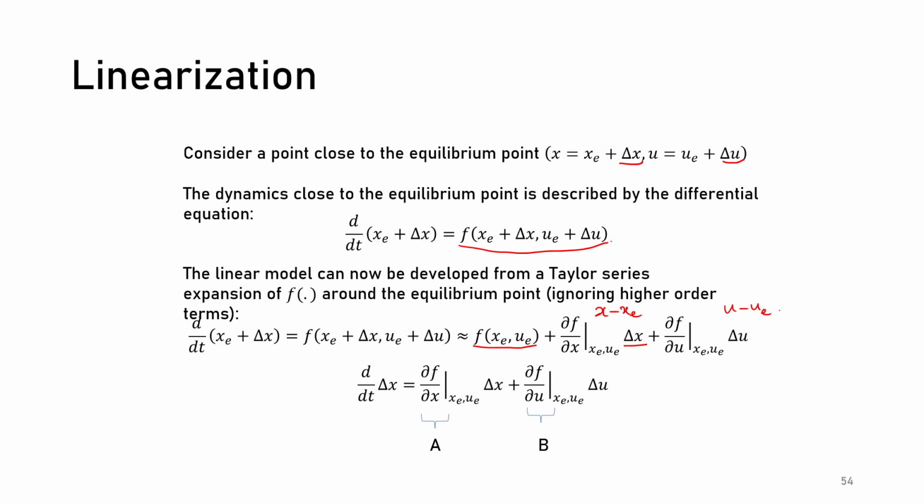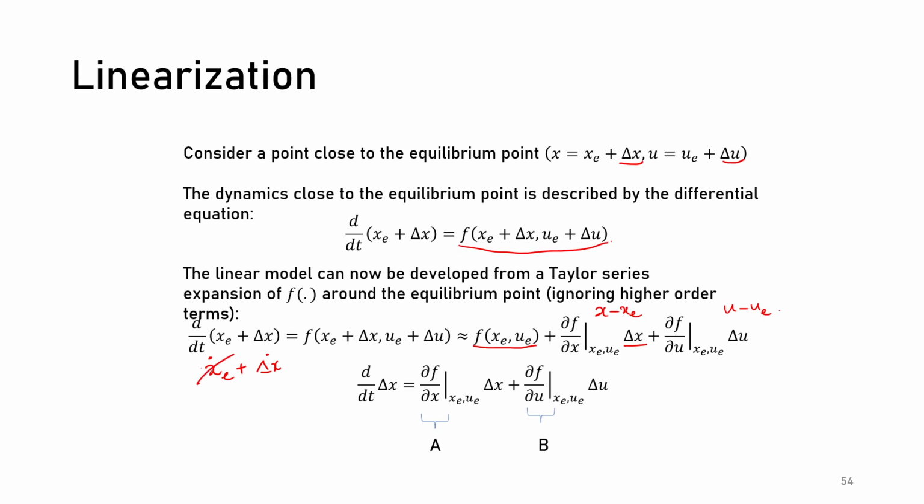So finally, here you have h dot equilibrium plus delta h dot, right? Yeah. So h dot equilibrium equal to f of h equilibrium, u equilibrium, right?